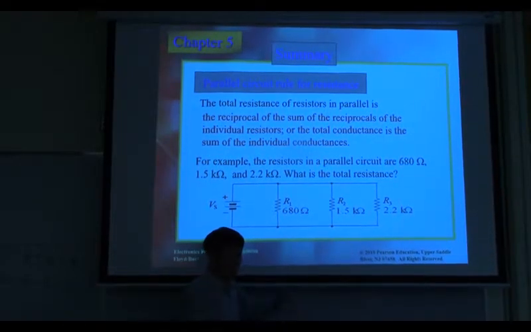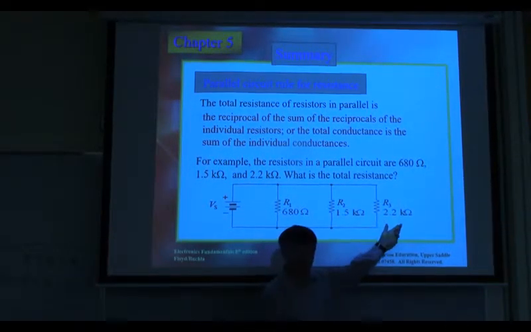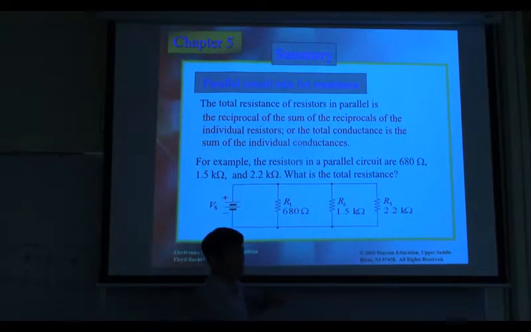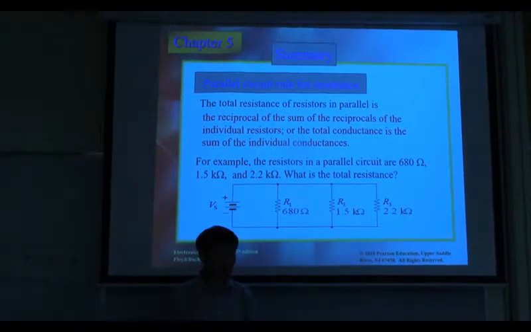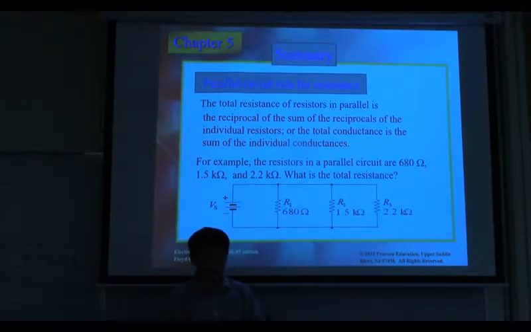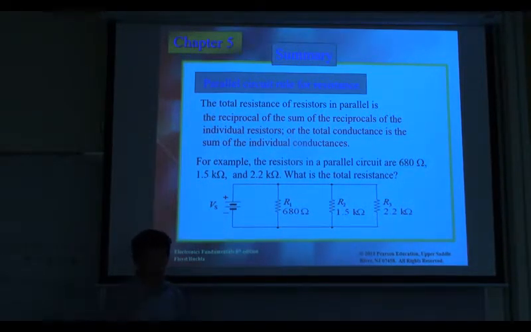Everybody knows how to convert this. This 2200. Then you add these three conductances together. Then you take the reciprocal of this, and the unit of the result will be in ohms. So what is it? 360?